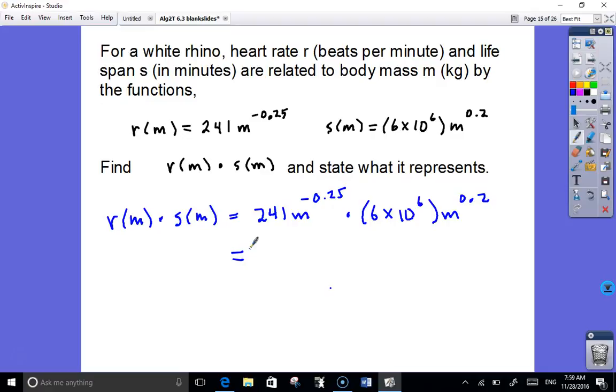I'll take it in steps, even though we could do all this at one time. 6 times 241 is 1446, times 10 to the 6th. And then what do we do with the exponents? Add them up, right? You're multiplying the same base, different exponents. That looks like negative 0.25 plus 0.2, negative 0.05.